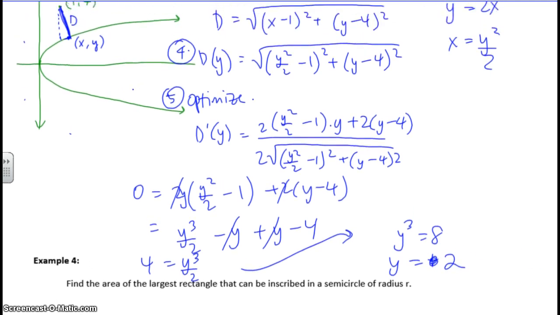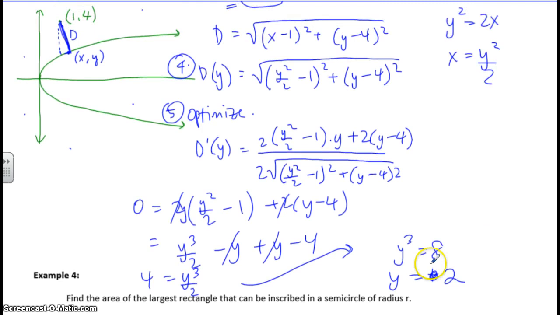So at y equals positive 2, it looks like if you test it, you will get, so y is equal to 2. Is there a minimum value of y? Nope.